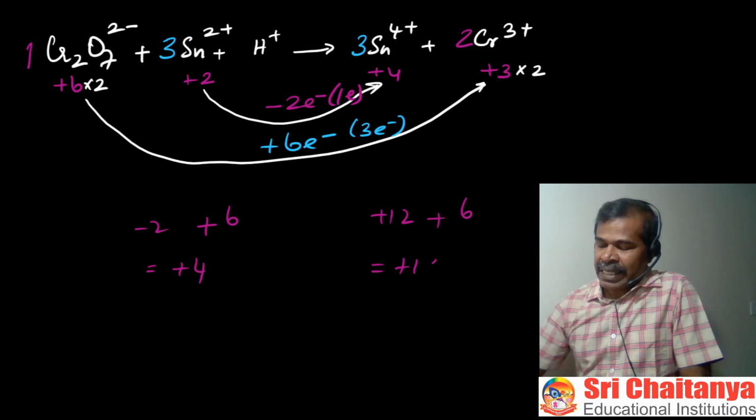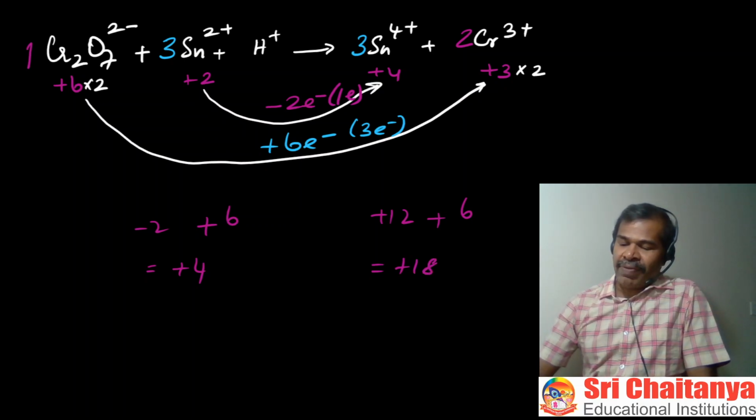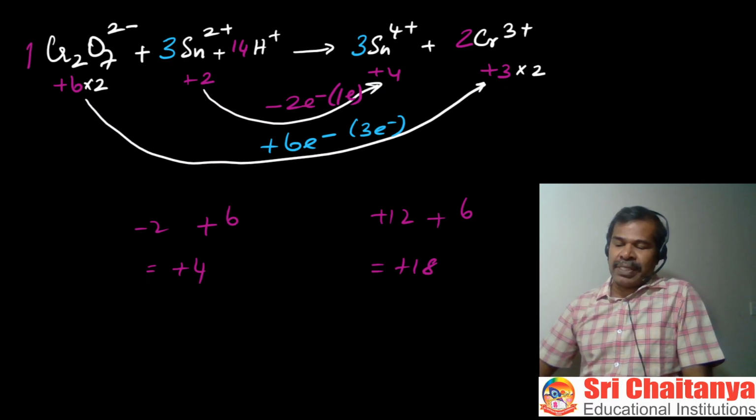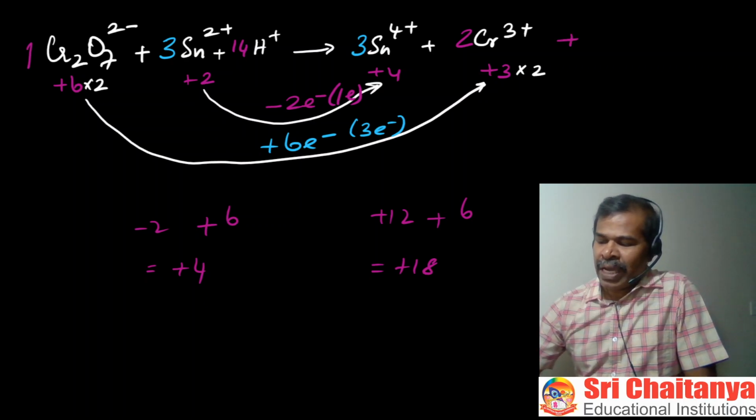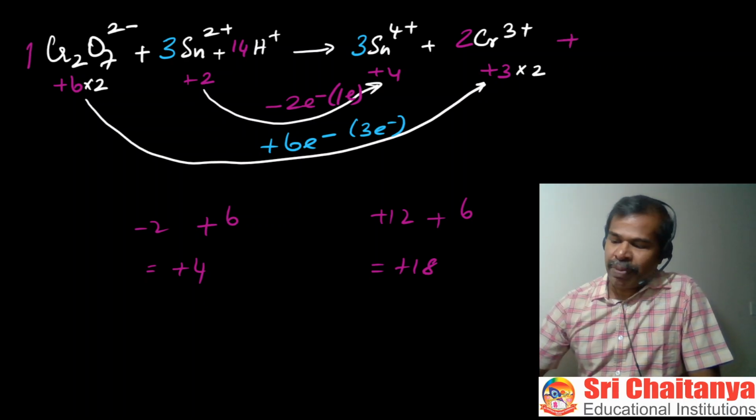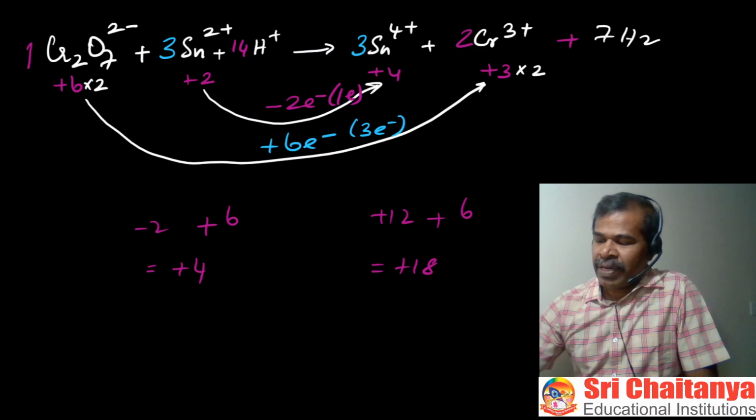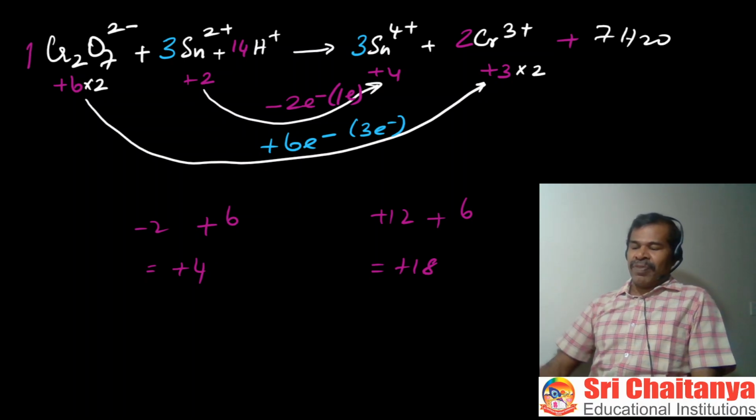So that is plus 18. So what should I do? I will add 14 H plus on the left side, so that the equation is balanced by charges. Now with 14 H plus, I'll add 7 H2O to balance it fully. Your equation is perfectly balanced.